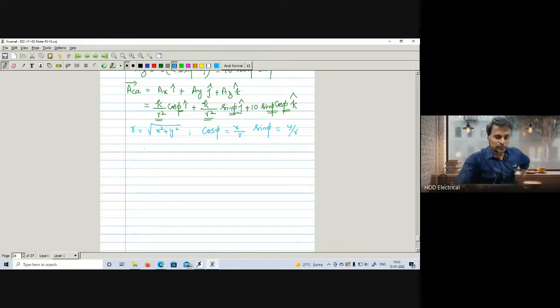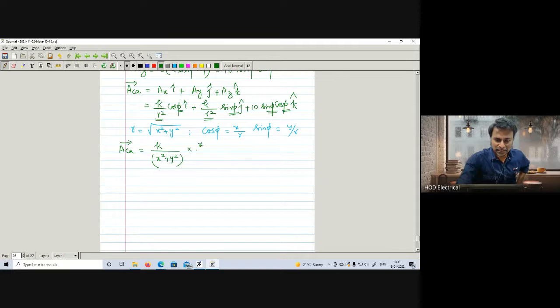So we can substitute now: A in the Cartesian coordinate is equal to K by the square root of x square plus y square, then cos phi, x by r.